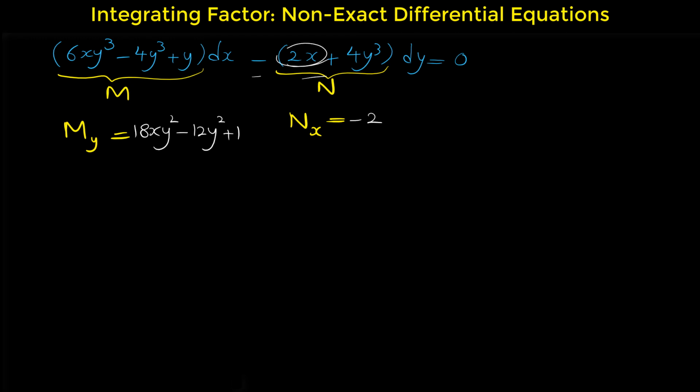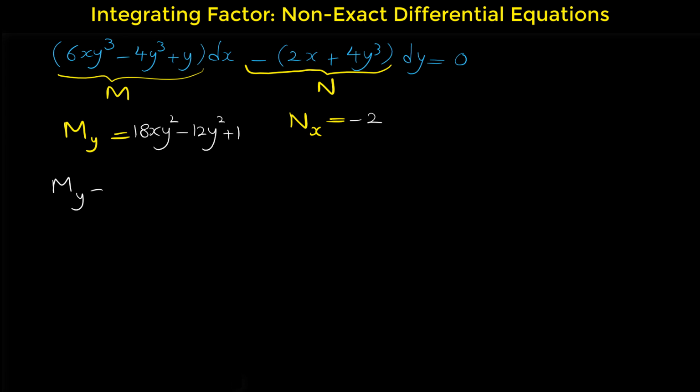Note that the derivative of 2x with respect to x is 2, but here we have a negative. Don't forget this negative. So n here actually is not only this bracket, n is this bracket with that negative. So it's better to choose n as all of this. As you can see, it's obvious that these two are not equal to each other, and so the differential equation is a non-exact differential equation.